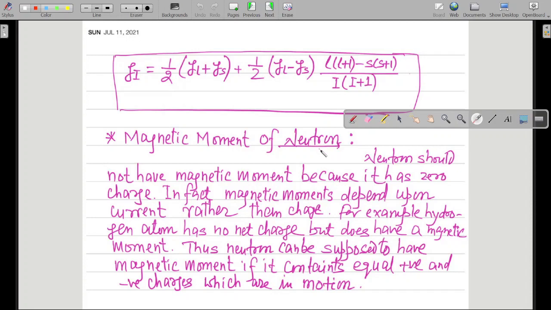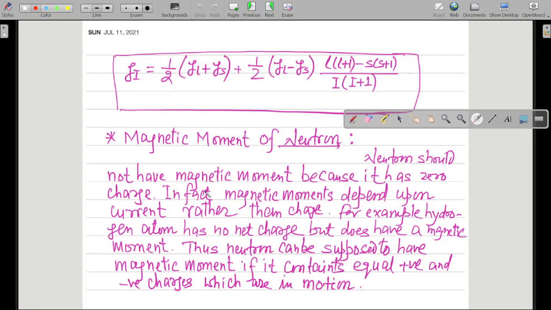The concept that chargeless particles do not have magnetic moment is wrong, and why it is wrong we are going to see now. If someone is not thinking deeply, just thinking superficially, then that person might feel that the neutron should not have magnetic moment because it has zero charge.